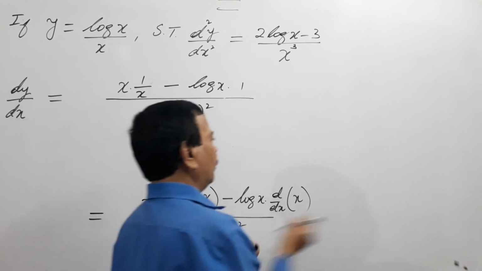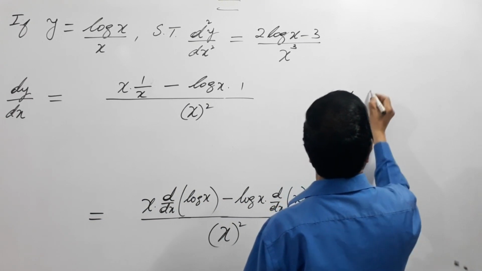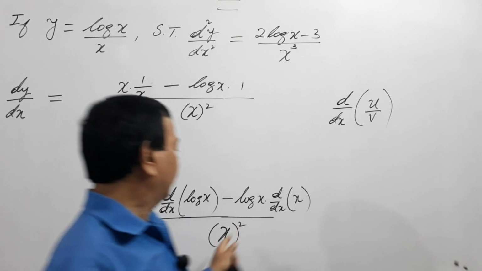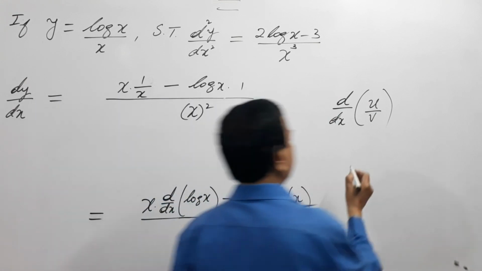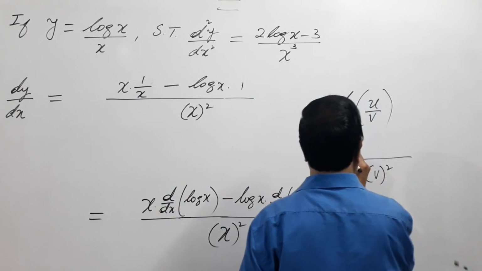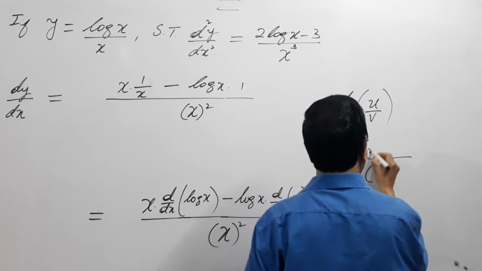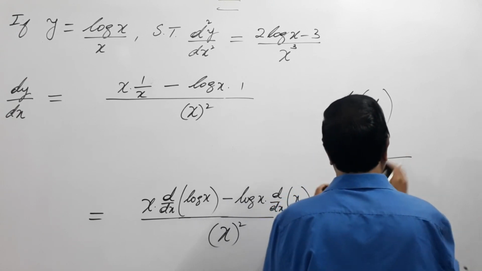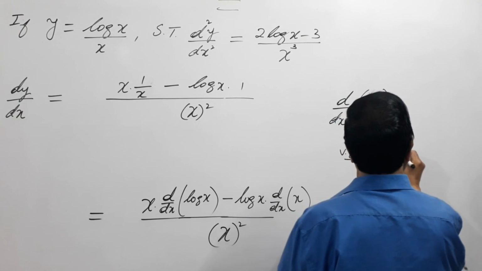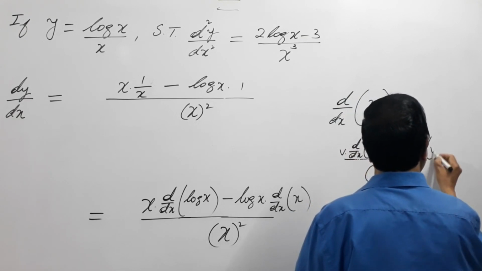Those who are not familiar with the quotient rule: d by dx of u by v, so this is the form u by v, is nothing but v square in the denominator, v into d by dx of u minus u into d by dx of v.